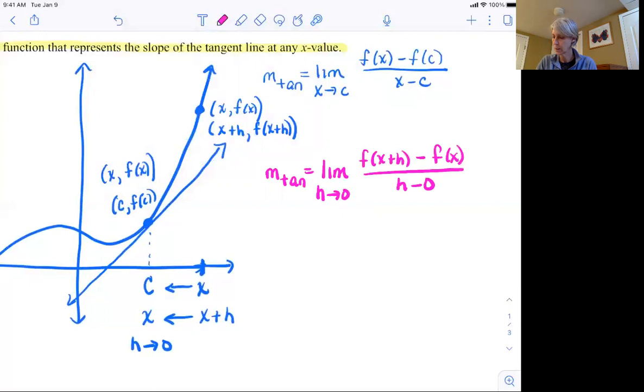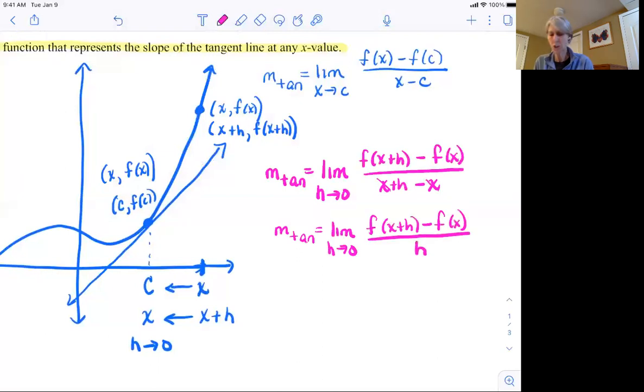We did y2 minus y1, f of x plus h minus f of x. Now we're going to do x2 minus x1. x2 is x plus h, minus x1, which is just x. If you think about it, in the denominator I have x plus h minus x, the x's are going to cancel. And our slope formula now becomes the limit as h approaches 0 of f of x plus h minus f of x over h.